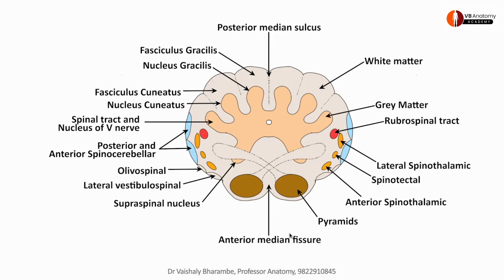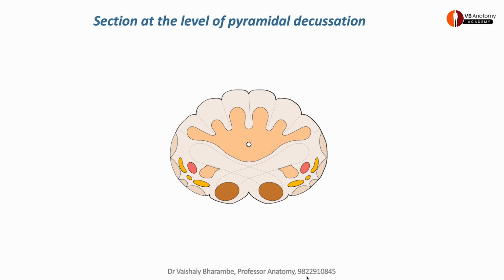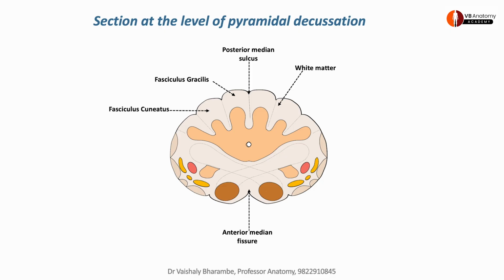Let's revise it once. So this is the section you have drawn. This is the anterior median fissure, posterior median sulcus, just for your orientation. So here's the white matter, fasciculus gracilis, fasciculus cuneatus, grey matter. This is nucleus gracilis. This is nucleus cuneatus.